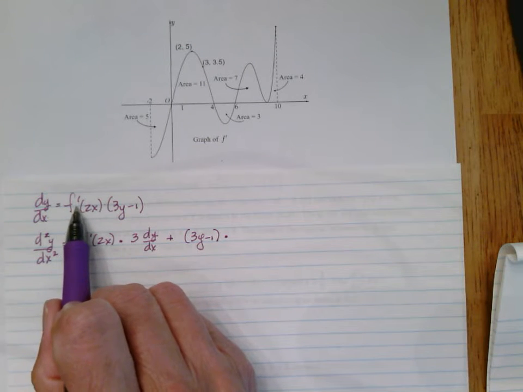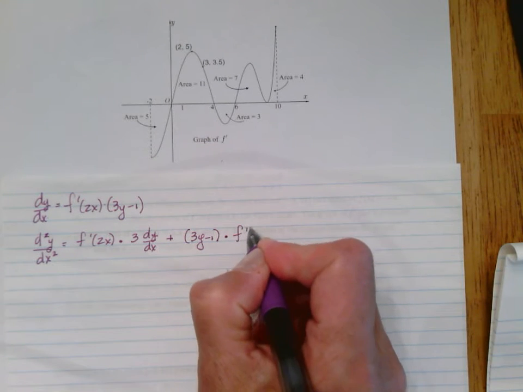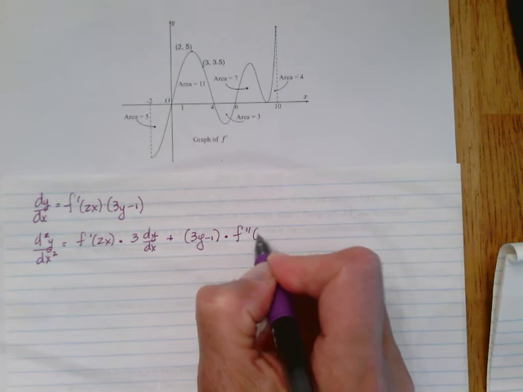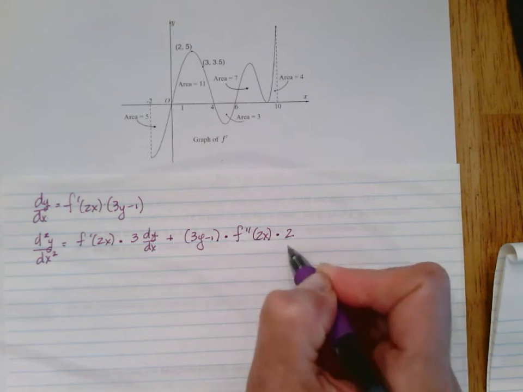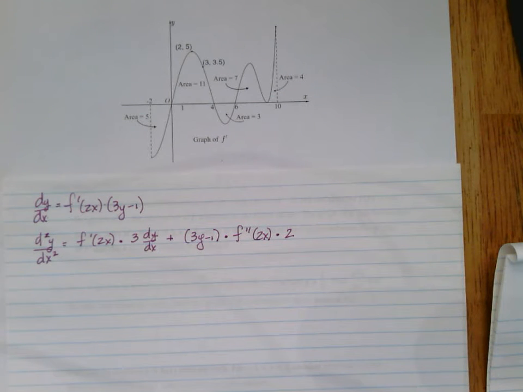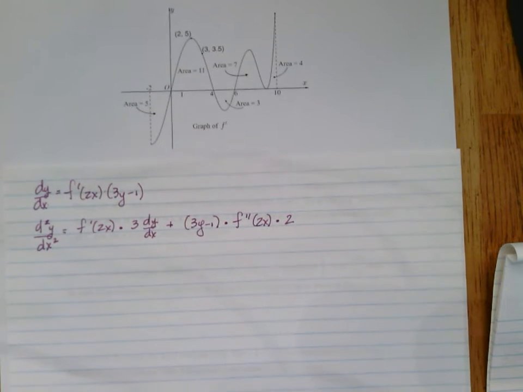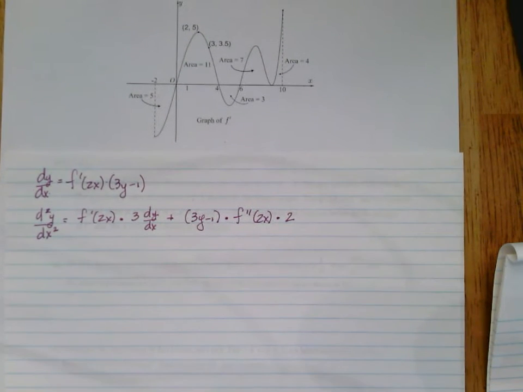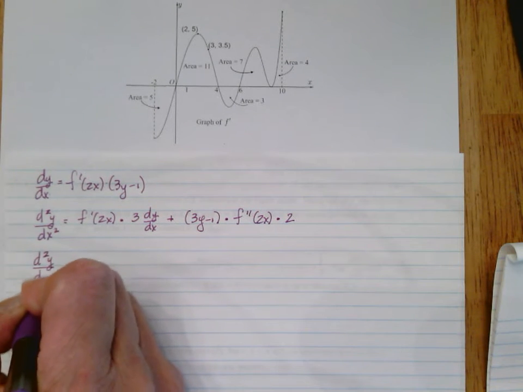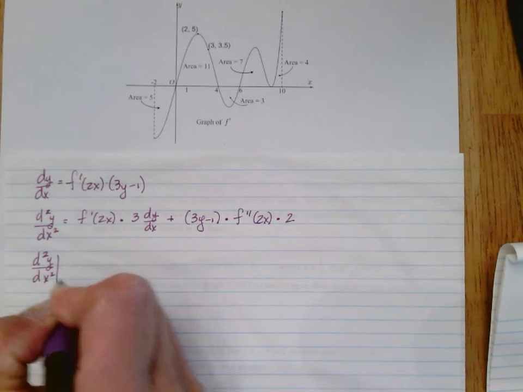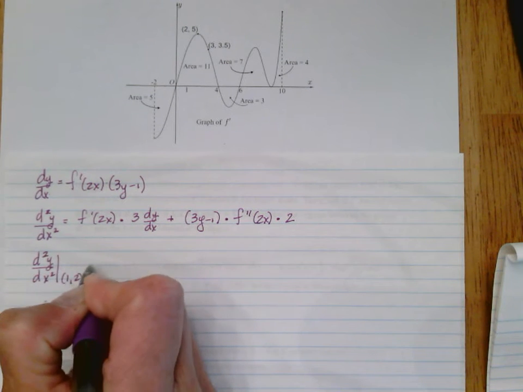Well, the derivative of the derivative is f double prime of that argument times the derivative of the argument, chain rule. Okay, so there is your derivative. You'll get a point for being able to find that correctly, but now we need to evaluate that derivative at the ordered pair given. So the second derivative at (1, 2).